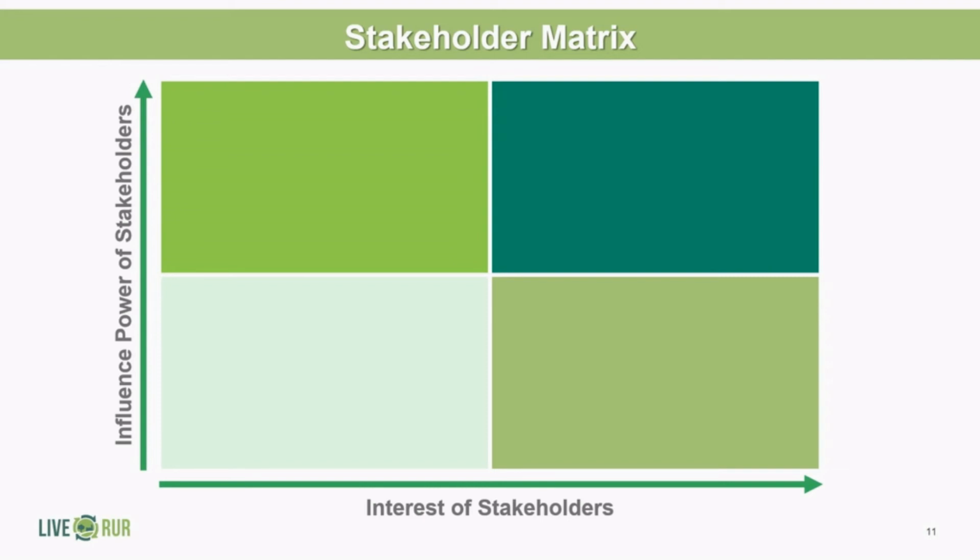Stakeholders that have high influence power and high interest in the living lab's activities are key players, and we need to keep them engaged and motivated. For those who have high influence power but only mild or low interest in the project, we should be meeting their needs, which sometimes means complying with certain rules or regulations.